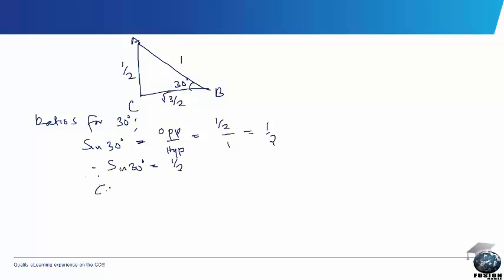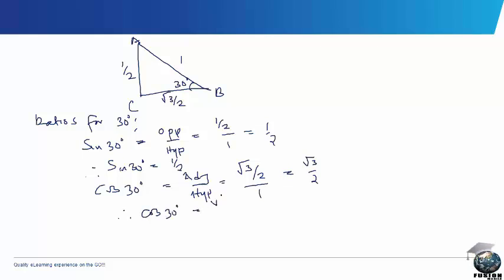Then cos 30 degrees is equal to adjacent over hypotenuse, which is √3/2 over 1, which is equal to √3/2. So therefore cos 30 degrees is equal to √3/2.